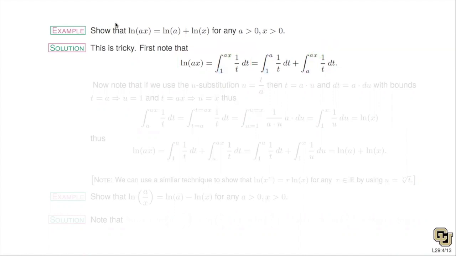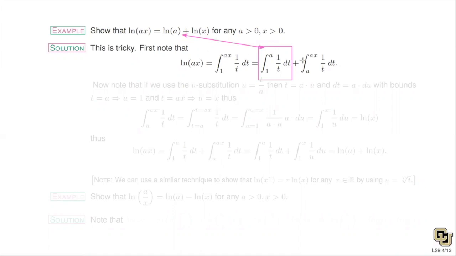So if you look, actually, this integral here, 1 over t dt from 1 to a, that's actually the definition of ln of a, since ln of x is the integral from 1 to x of 1 over t dt. So we've got half of what we're looking for.